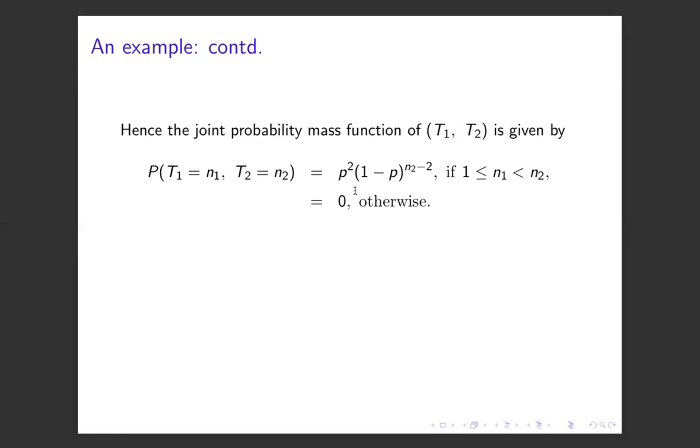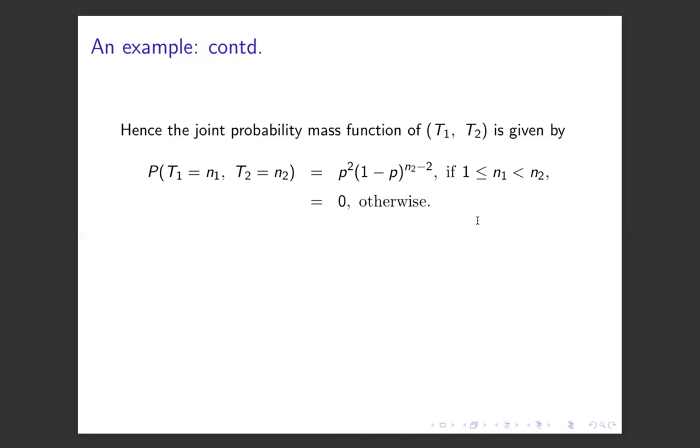Note that in this expression, the dependence on N1 comes from the region. So it is not that this joint probability depends only on N2; it also depends on N1. Over which region? And it is 0 otherwise.